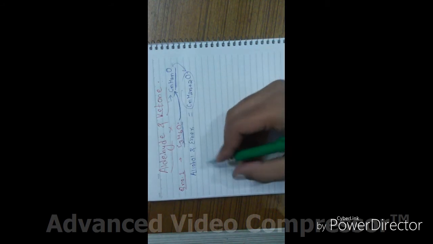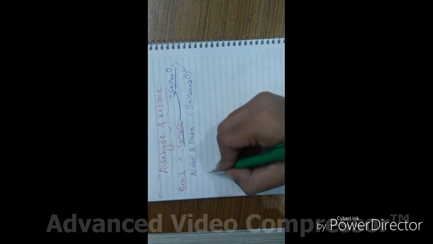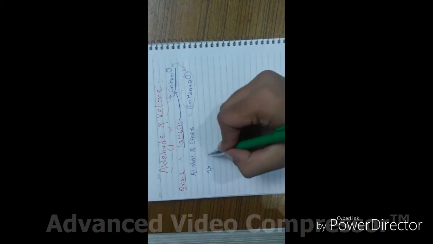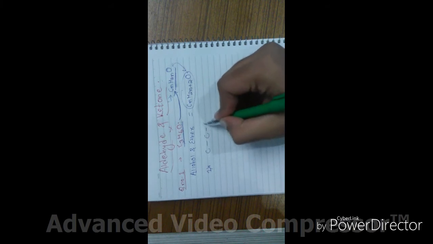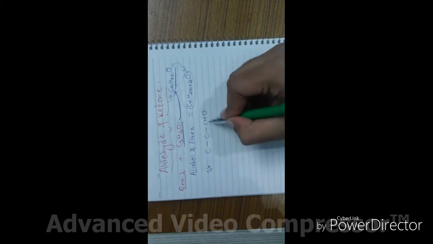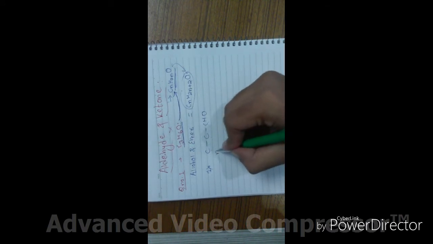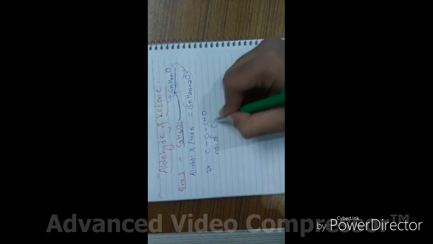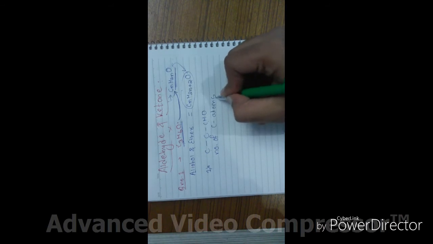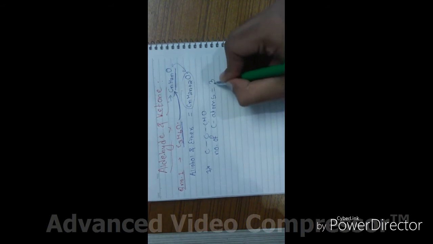To calculate this, first of all you have to write the aldehyde structure, CCCHO. So here are 3 carbon atoms, which is C3H6O. So number of carbon atoms equals 3.